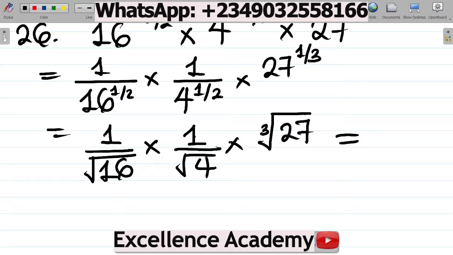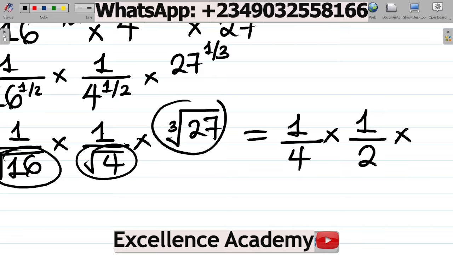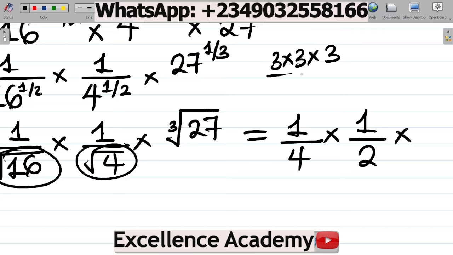That's equal to 1 over the square root of 16, which is 4, times 1 over the square root of 4, which is 2, times the cube root of 27, which means the number that will multiply itself 3 times to give you 27. That's 3 times 3 times 3. 3 times 3 is 9, 9 times 3 is 27. So the cube root of 27 is 3.